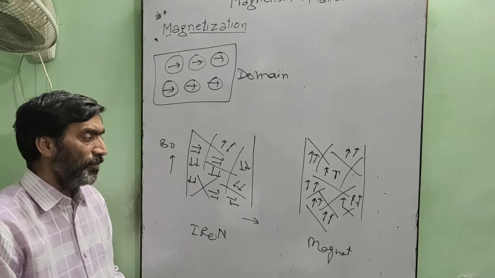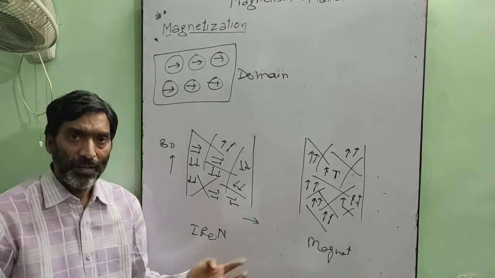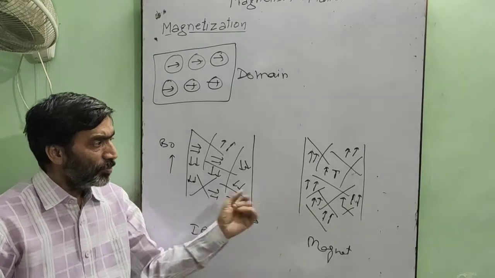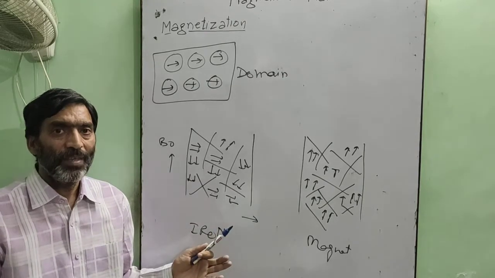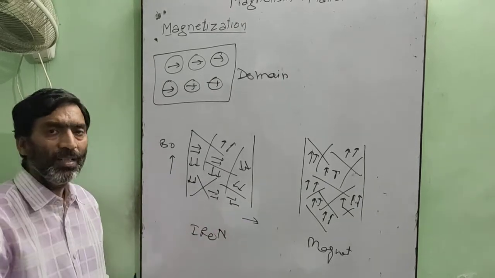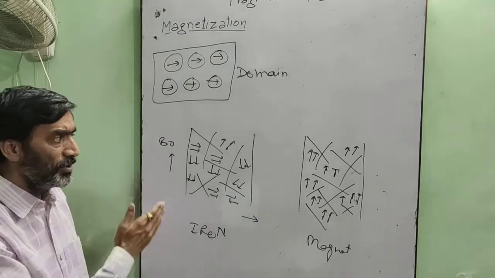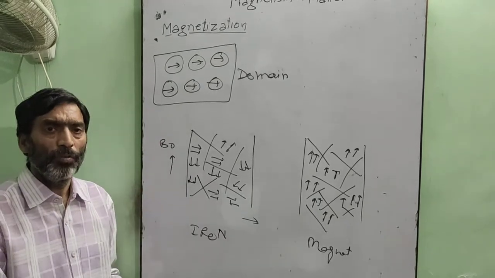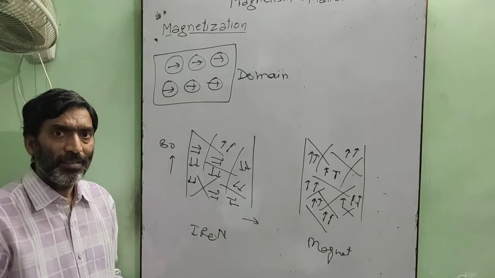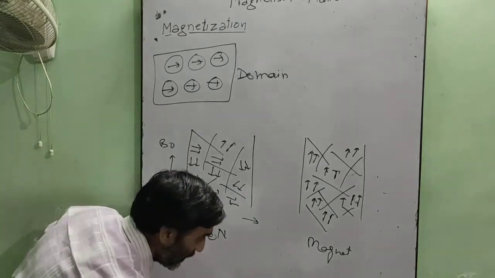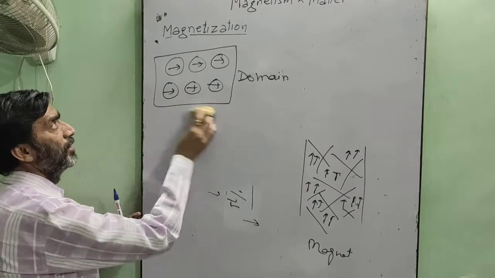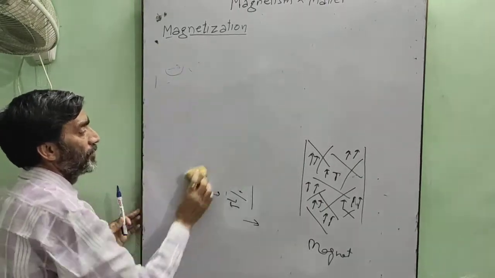Now suppose we heat or beat the magnet, then the alignment of the domains gets disturbed and it becomes iron. This is called demagnetization. This is all about the domain theory of iron, or we can say a ferromagnetic substance. Now I come to the topic of magnetization.